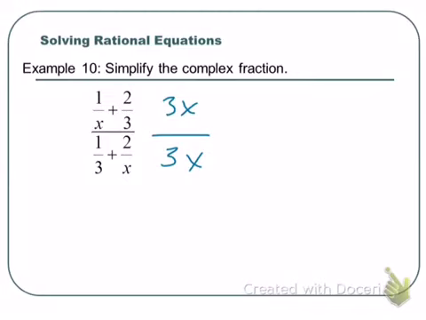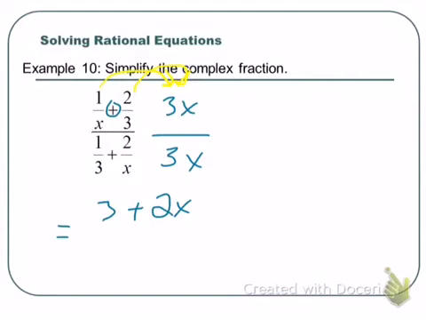When you distribute, 1 over x times 3x, the x's cancel and we're just left with 3, plus, that's this plus sign. When you multiply 2 over 3 by 3x, the 3's cancel and we're just left with 2 times x, which is 2x.